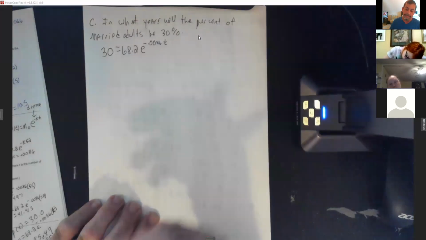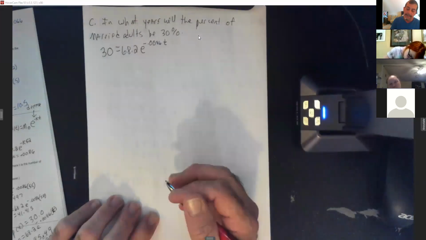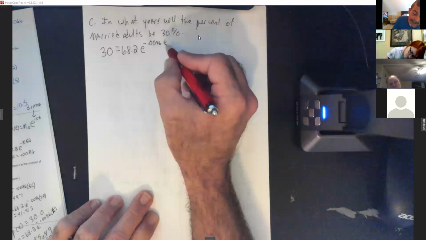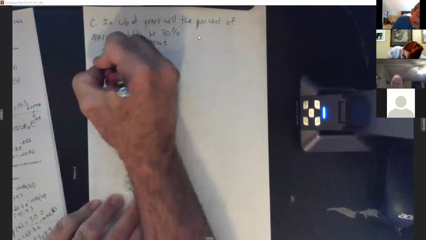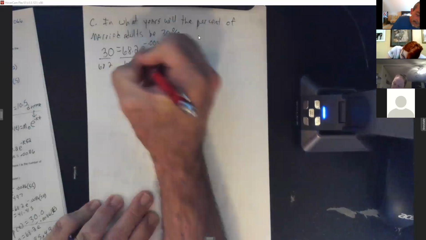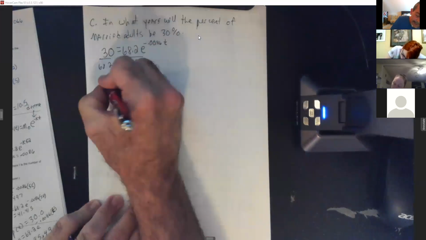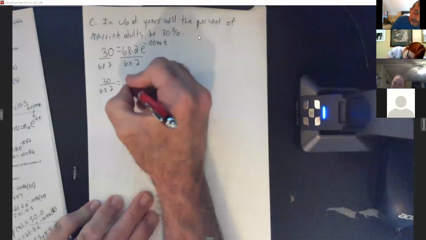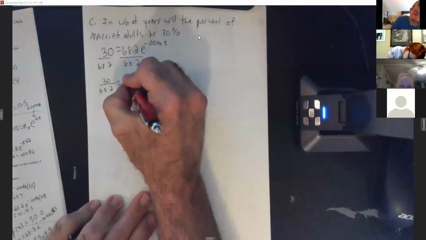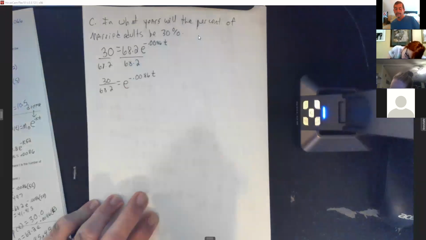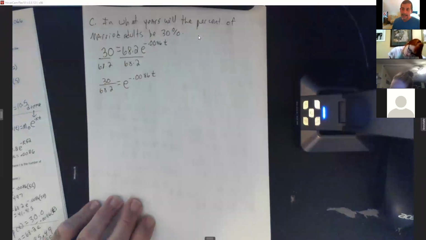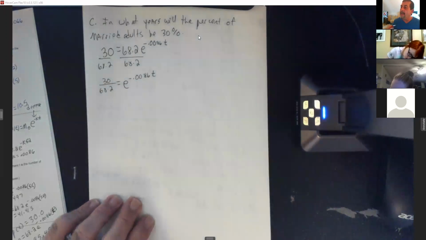Since I'm solving it for T, I'm going to start out by dividing by the 68.2. So I get 30 divided by 68.2 will equal E to the negative 0.0086 T. And then, like we've been doing, we're going to take the ln of both sides.